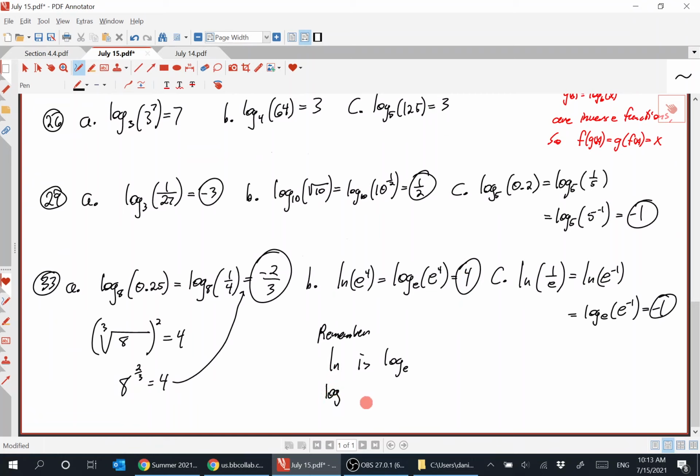When they just write log, that is log base 10. And when they write lg, that is log base 2, although I don't think they use that notation in this book. But they do use log and natural log, ln. So that notation is used in some of these problems.